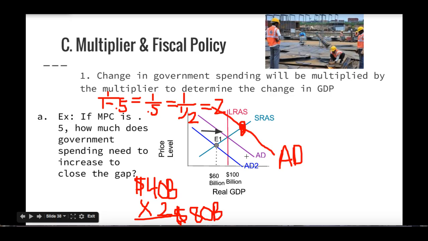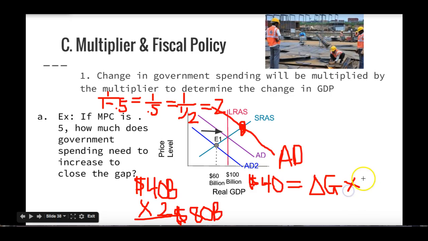If that's not going to work, we want to close the gap, and we just want to hit $40 billion as how much our increase is. So essentially what we're saying is that we want to increase our total spending by $40 billion. That's our end result. That's what we want. Okay? And we know that any change in government spending is going to be multiplied by the multiplier.